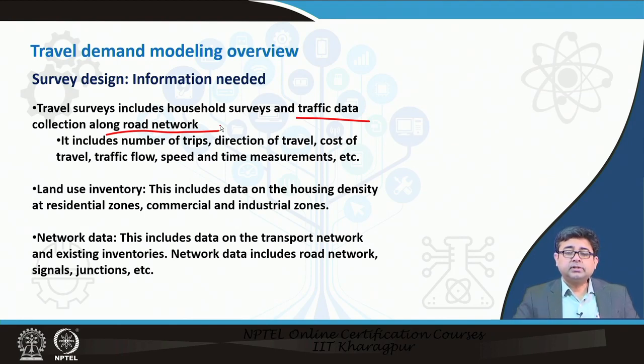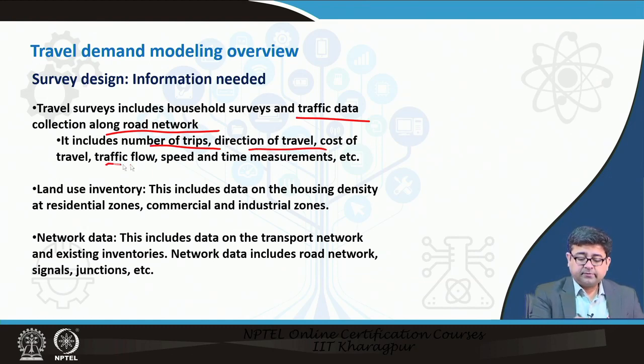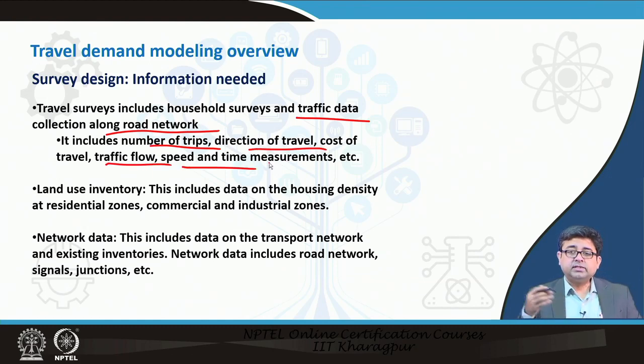Nowadays, like I had mentioned earlier, you have cameras throughout your transportation systems, which makes it easier to at least gather this data. So once you have collected this data, you have to analyze it, you have to clean the data and convert it into information, which will let you know the number of trips that are being taken, the direction of travel, the traffic flow and the speed.